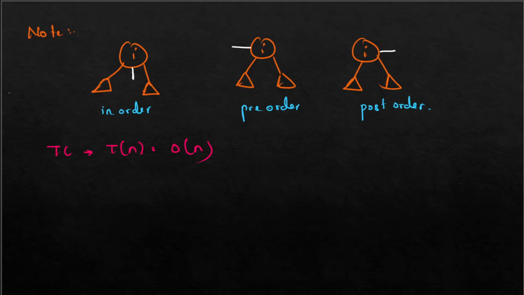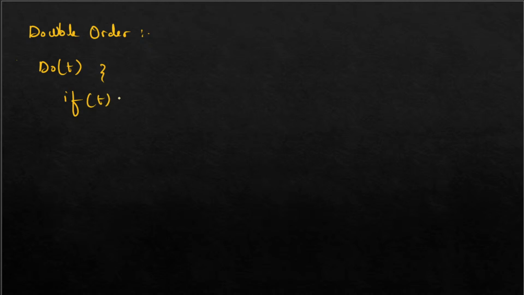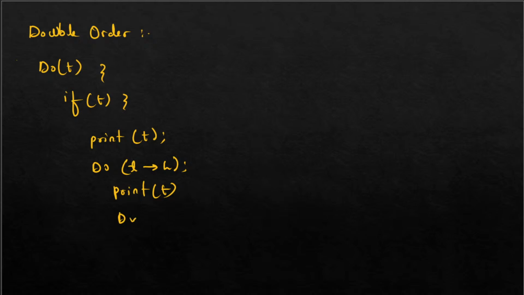Now let's see double order and triple order. Double order: do T, if T, print T, do T left, print T, do T of R, like this.